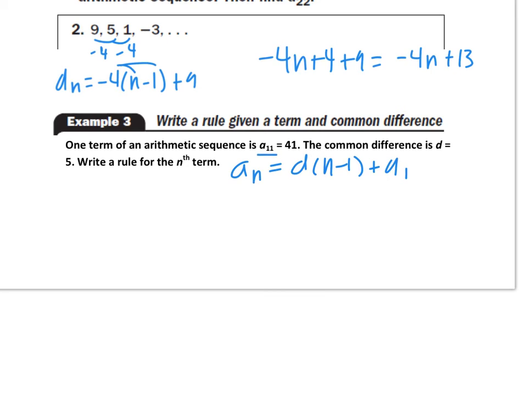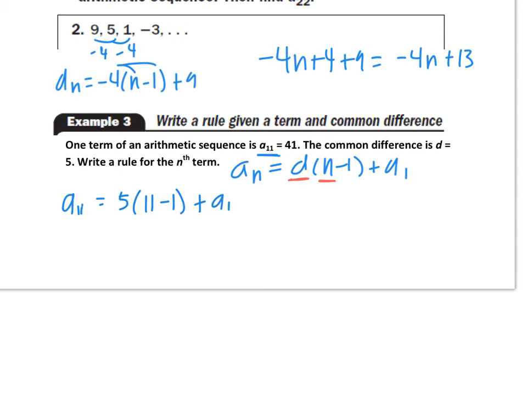So now we know the 11th term. So we know when n is 11. We also know what d is. So I'm going to plug in 11 for n and 5 for d. So the 11th term, we've got 5 here, we've got 11 here, and plus the first term. I don't know what the first term is yet, so we're going to leave that.